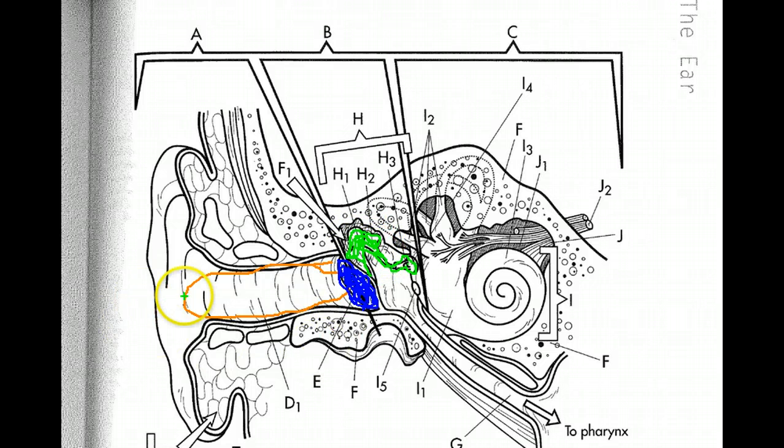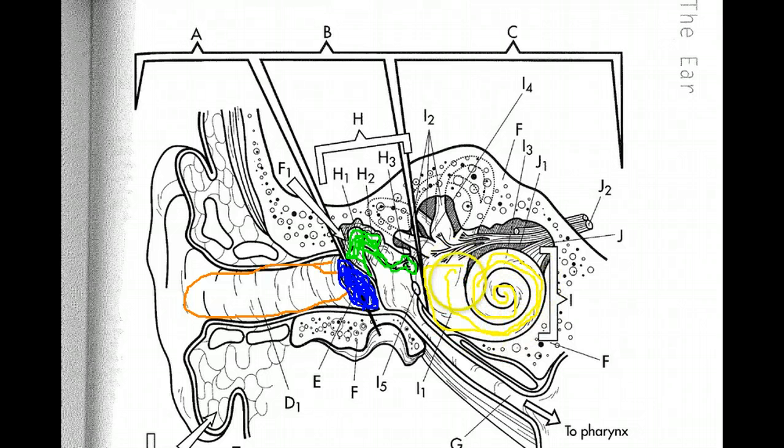So if you start from the outside, you have the auditory canal, the eardrum, the auditory ossicles, and then we run into the cochlea. The cochlea is this part of the ear that looks like a snail. In fact, the name cochlea comes from the Latin root for snail.